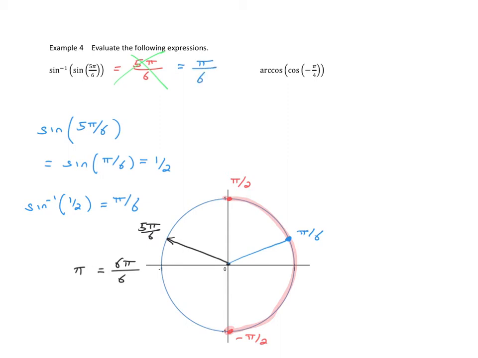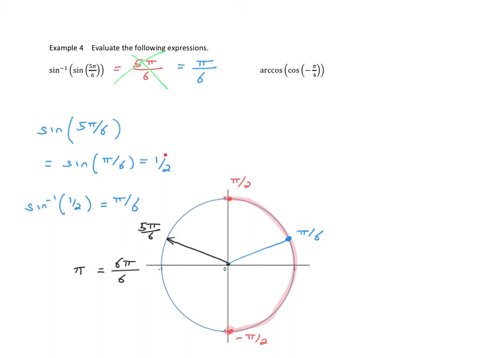Let's just think about what happened. Step 1 was figure out sine of 5 pi over 6. We had to draw an angle that fell outside of this interval. Then to figure out sine of 5 pi over 6, we had to go back here to determine what reference angle I can use. The angle was pi over 6.